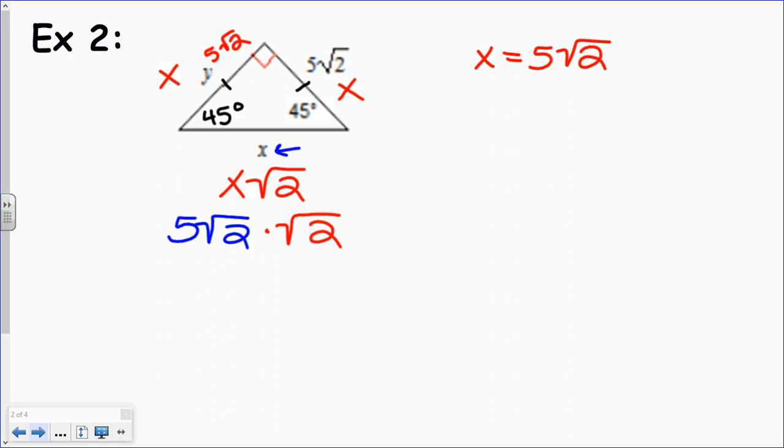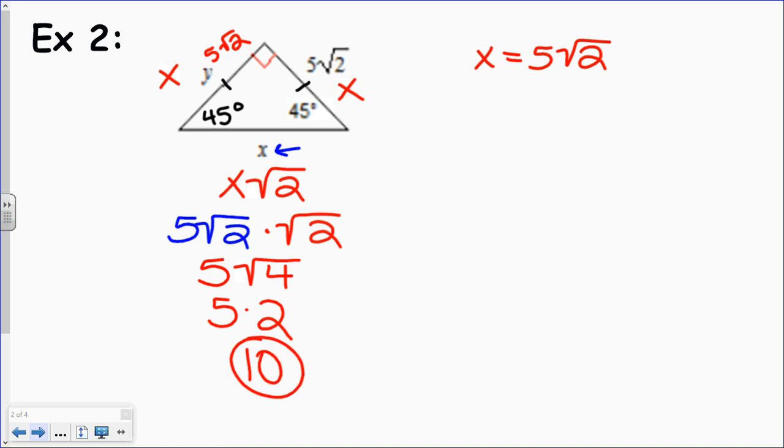And this is where the practice with the radicals comes into play. Now we know that we can multiply 5, and then we can multiply the radicals, which gives me 5 times root 4. Then we have to simplify. So the square root of 4 is 2, so this is really 5 times 2 outside of the radical sign, which is 10.